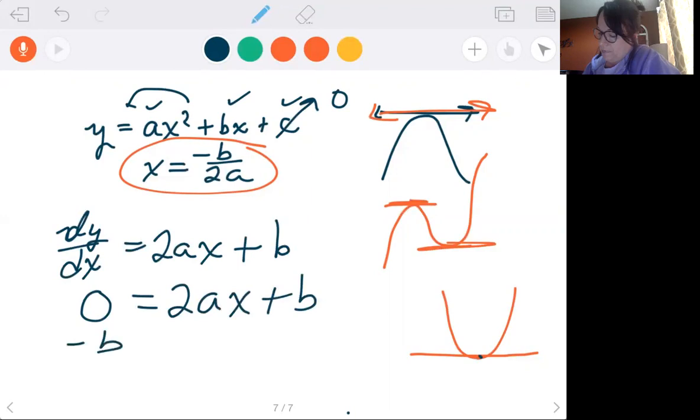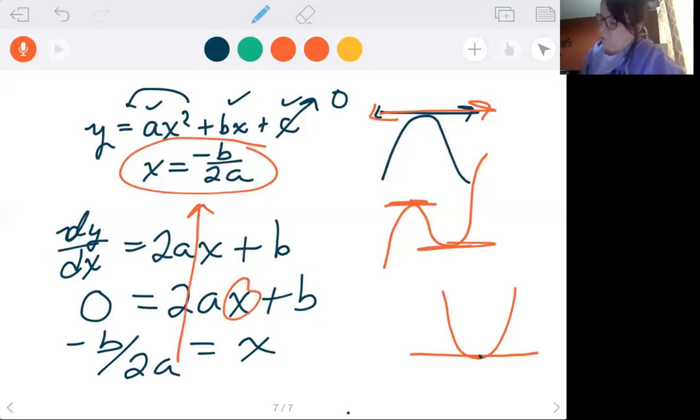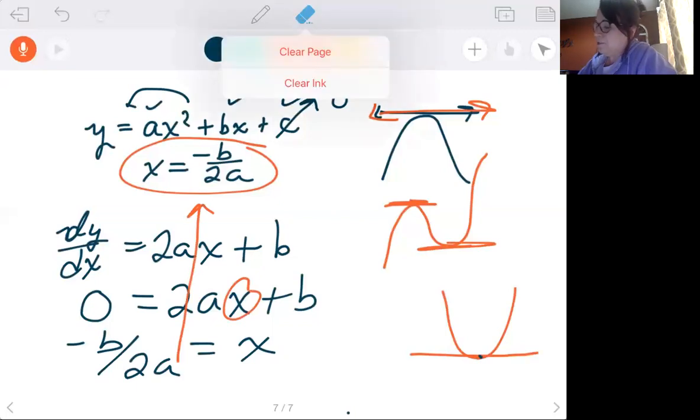So I'd get negative b over 2a would have to equal x when I'm solving this. That is the theory behind why we can tell our Algebra 1 and Algebra 2 students that to get their vertex, you just go ahead and do negative b over 2a. But we can't tell them about the calculus of it because calculus comes later. So the formal definition of the derivative came first, which makes it hard to learn when you learn the theory before you learn all those little shorter ways.